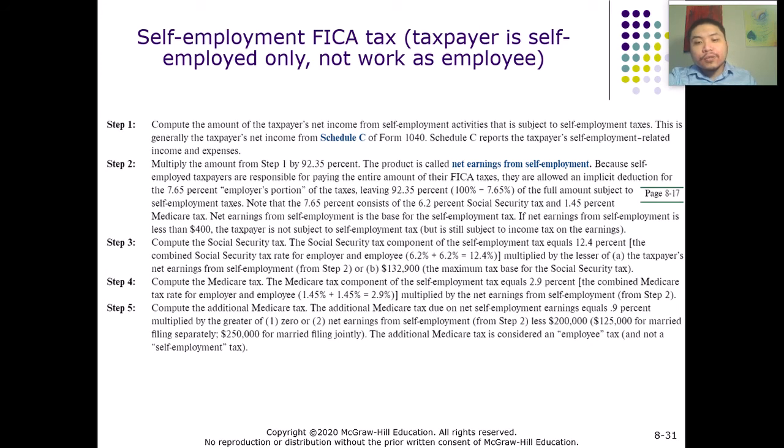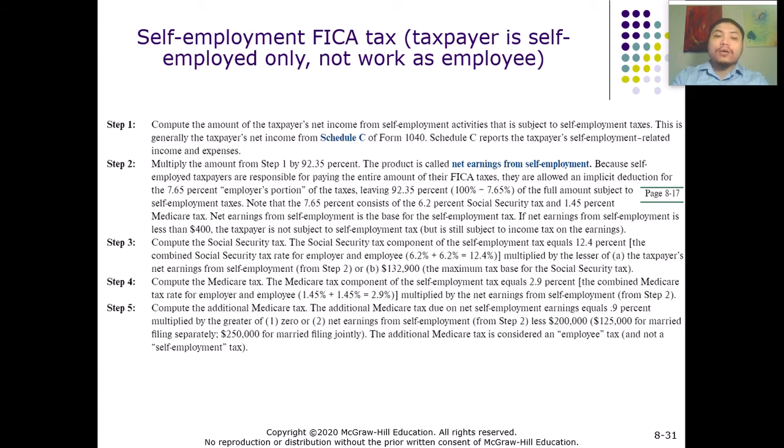He's going to need to pay an additional 0.9% on the $50,000 in excess of the $200,000 threshold, right? Pretty straightforward.